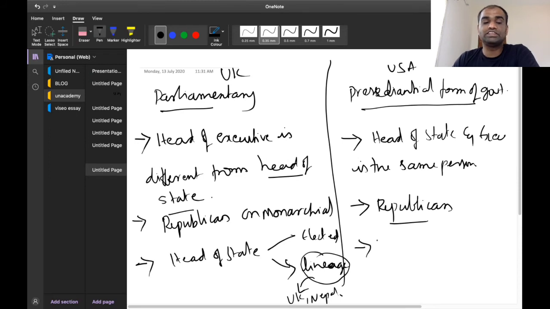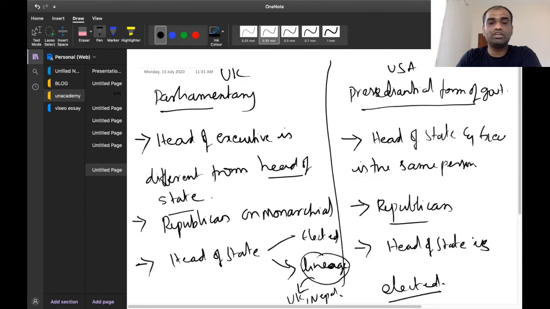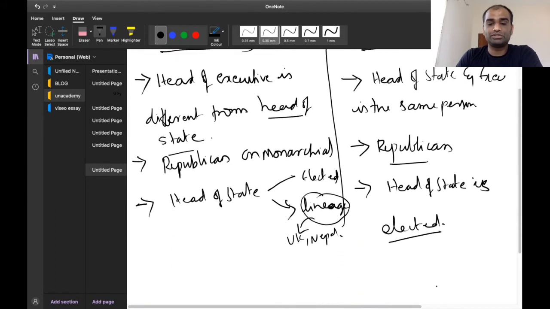But in the case of the presidential form of government, the head of state is clearly elected. He is not selected by means of lineage. Clear? So these are the differences between the parliamentary form of government and the presidential form of government.